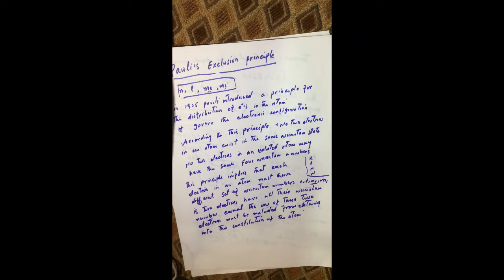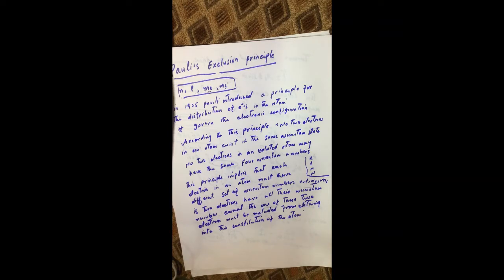Now, according to this principle, electrons must be arranged in a systematic way. Electrons cannot be arranged randomly; there is a systematic arrangement.